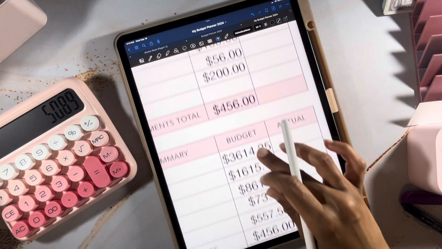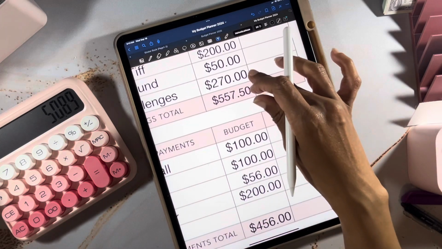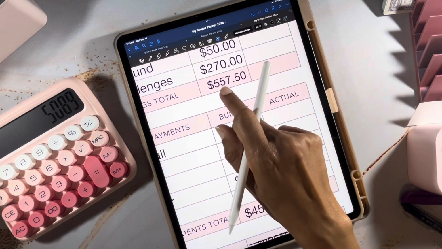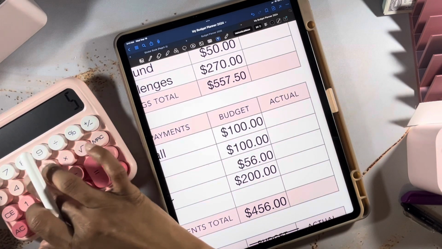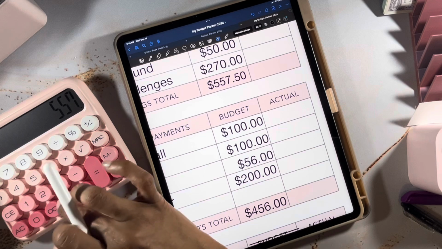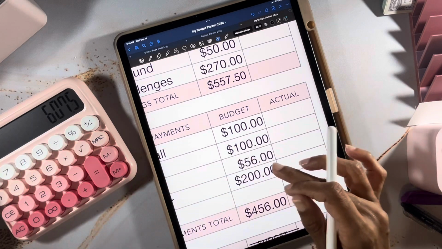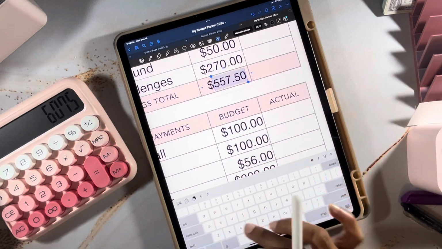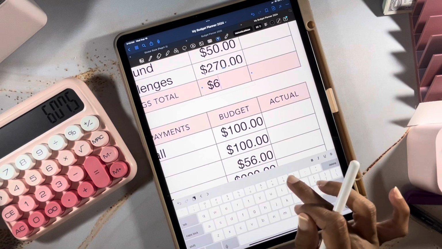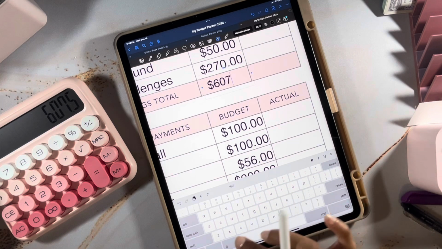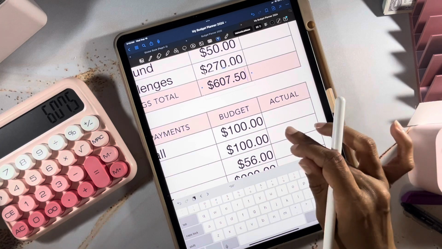oh, and then the $50. I put $50 up here. So this needs to be 557.50 plus 50. So this needs to be 607.50. I knew it was something else that was missing. And then, oh, you know what?